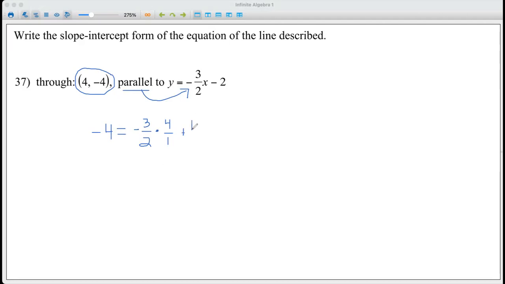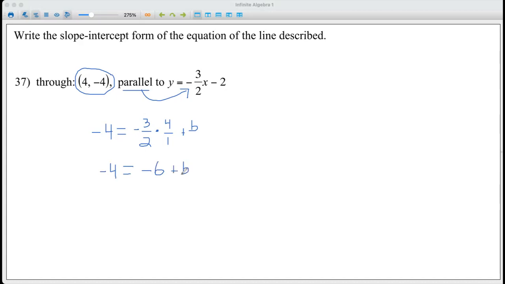Now I'm going to solve for b. Well, let's see, -3 times 4 is -12, and -12 divided by 2 is -6. So I would get -4 equals -6, when I simplify those two fractions, plus b.